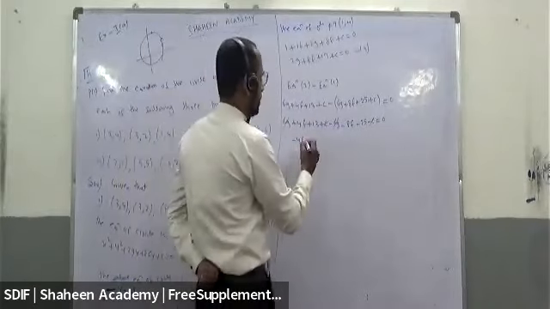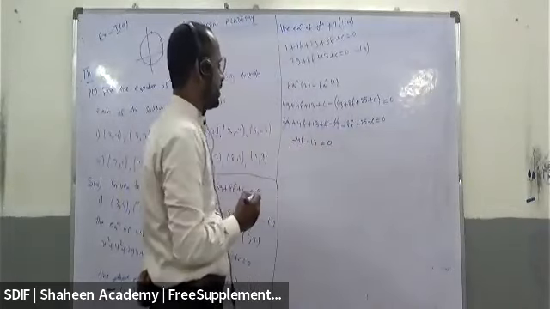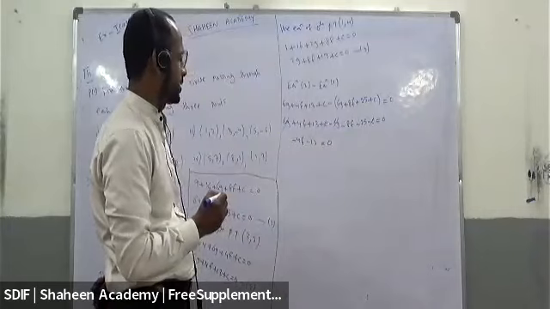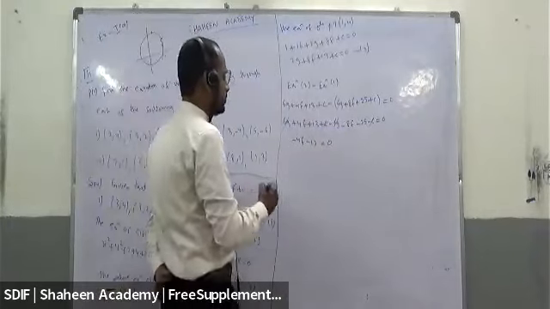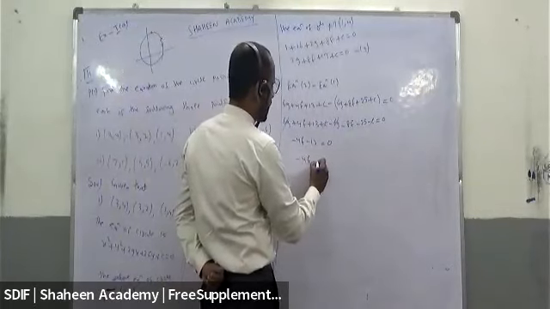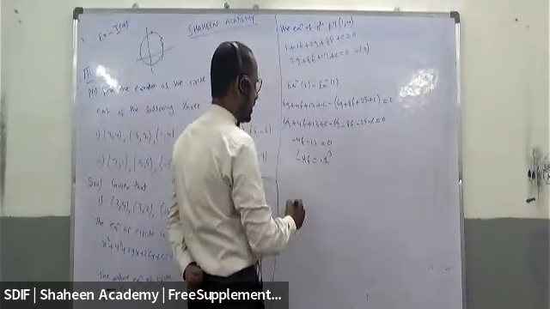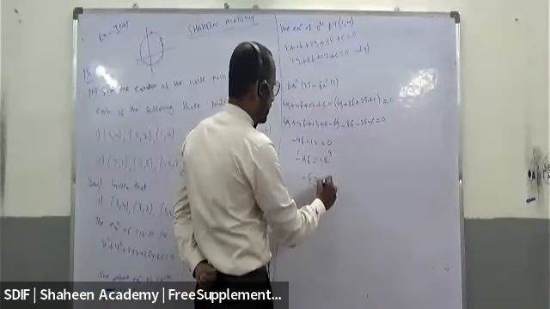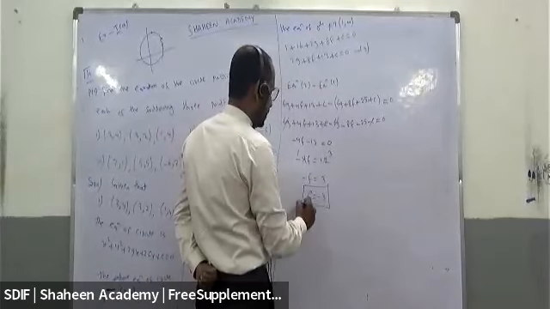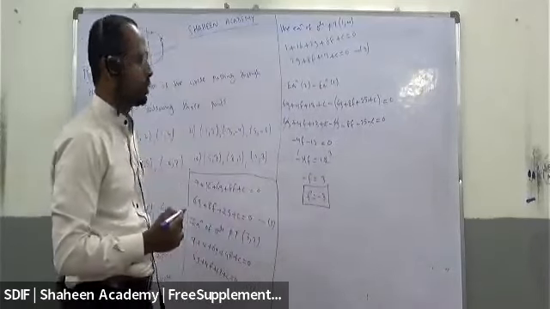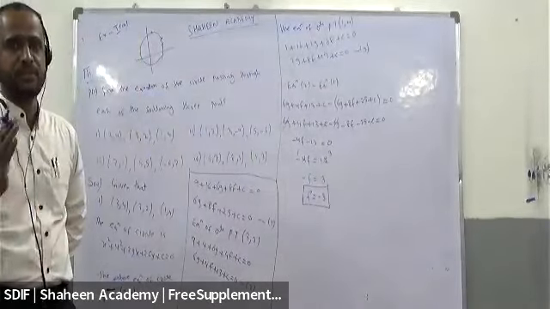So minus 4f minus 12 is equal to 0. All the other terms are cancelled and the remaining terms take this form. So minus 4f equals 12. 4 times 3 is 12, the 4s get cancelled, so minus f is equal to 3. f is equal to minus 3. This is the first value we have got by subtracting equation 1 from equation 2.